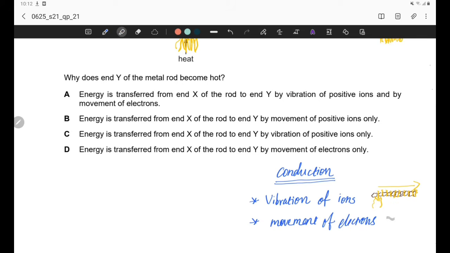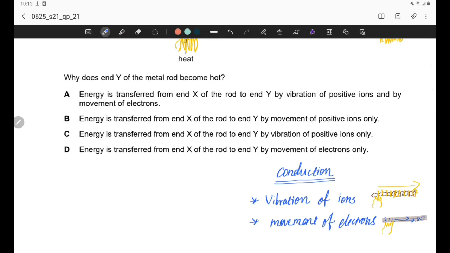This means if you have a metal rod and if you heat at one end, the free electrons available next to this space where you applied heat will gain more energy and they will move to the other side of the metal, so that these electrons with high temperature will reach the other side. This is the second way in conduction, the heat transfer.